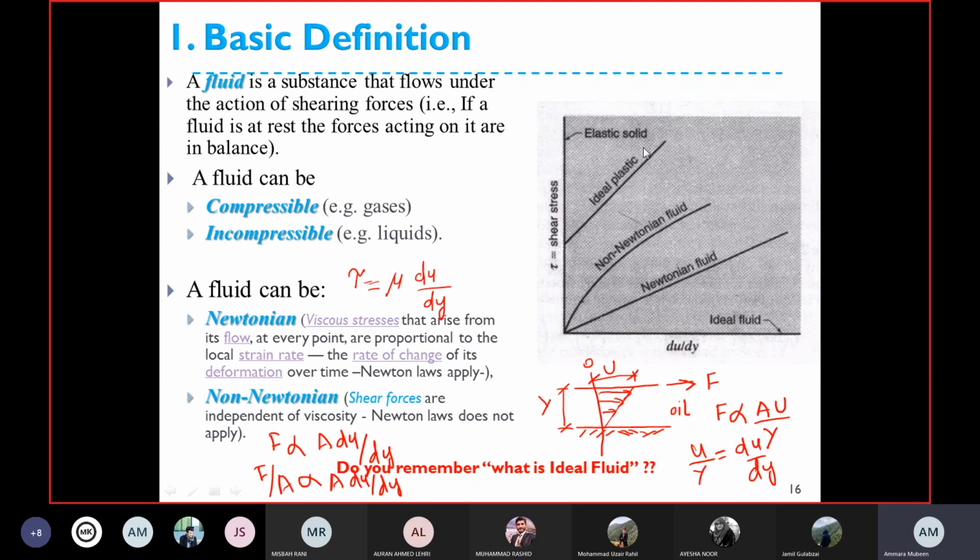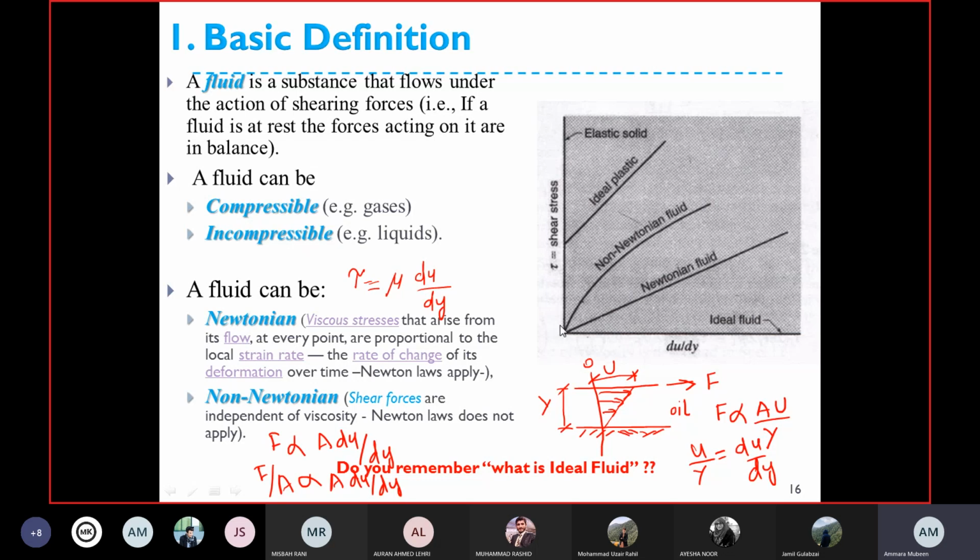Then there are some other types of solid, one is called ideal plastic and the other is called elastic solid. In case of ideal plastic, you can see that initially on applying shear stress, there is no deformation. Actually, this velocity gradient is representing the deformation.